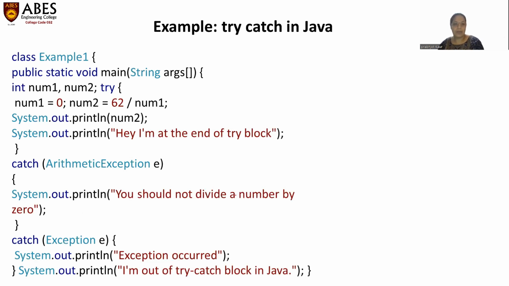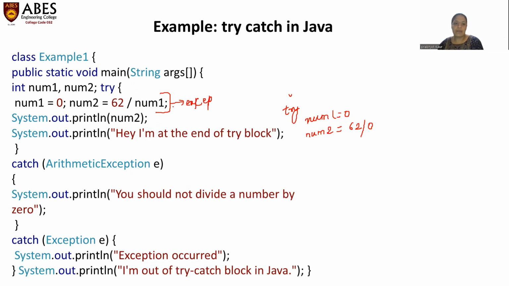Some basic example is written over here. I have taken two variables, num1 and num2, and in the try block I have written a statement which can cause an exception. Num1 is equal to 0 and num2 is equal to 62 divided by num1, which is 0. This statement can cause an exception, so it is written in the try block.